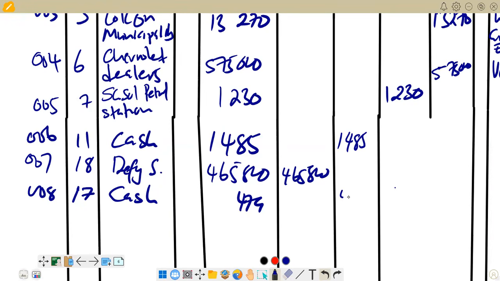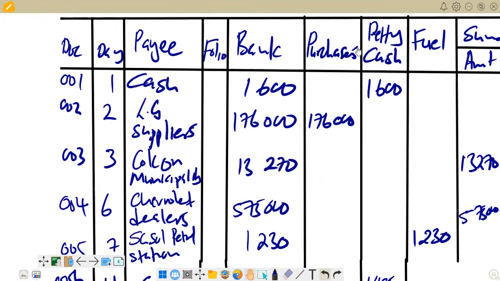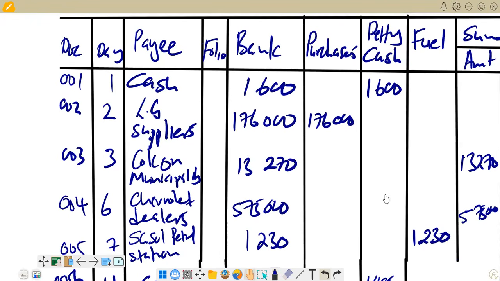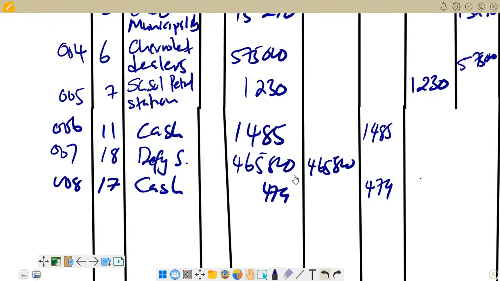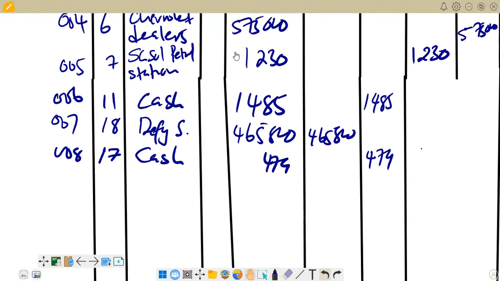This one is supposed to come in 479. This one is our petty cash. If we check from the beginning, we see that the column for petty cash is there in the middle here. So that's where we are supposed to put that one.